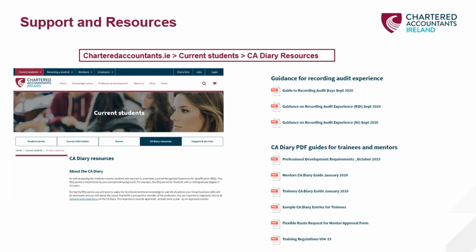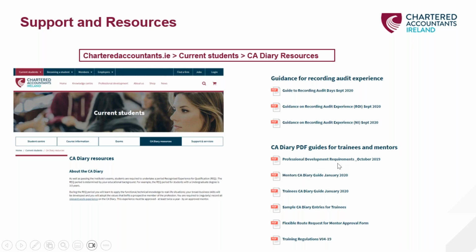The supports and resources are all located on the CA Diary resources page of the website. We firstly have, as I've just mentioned, guidance on how to record your audit days. We have both ROI and NI and what the requirements are.